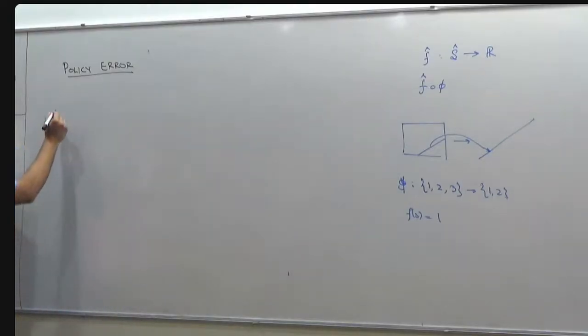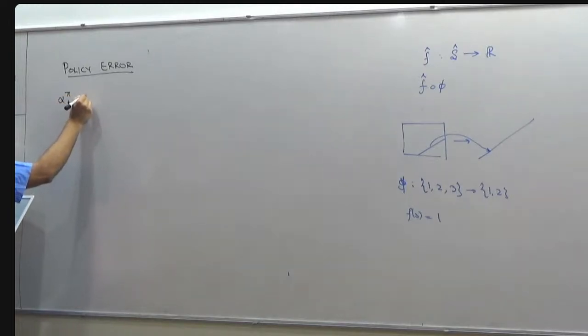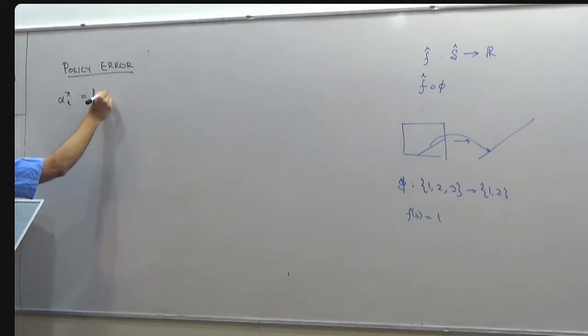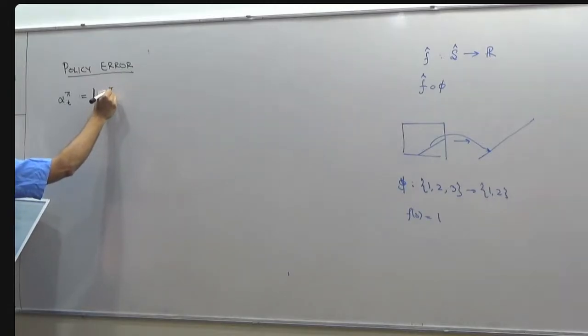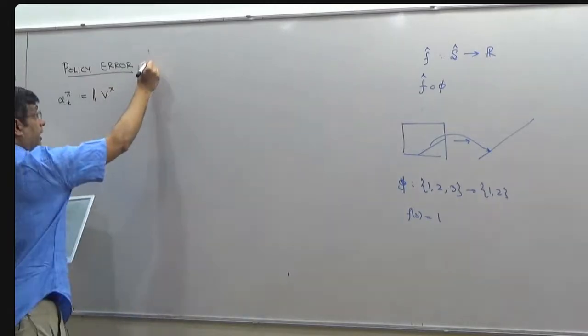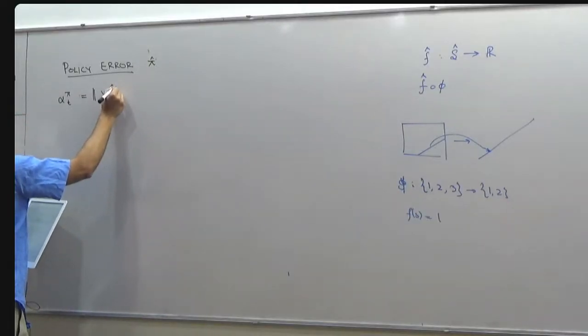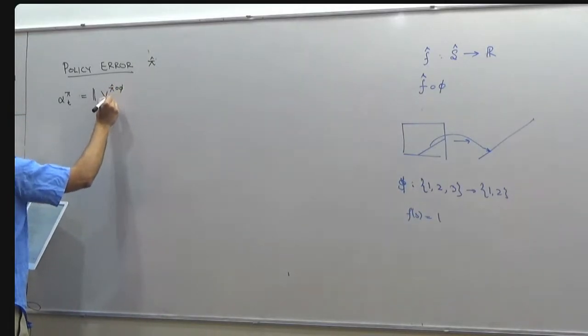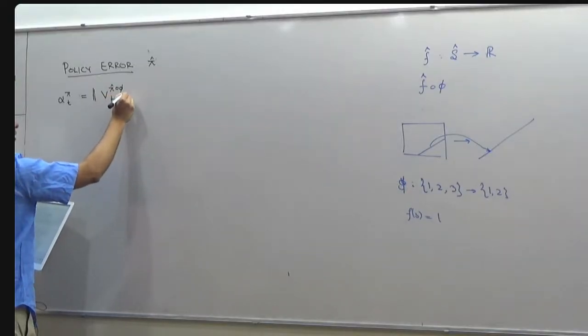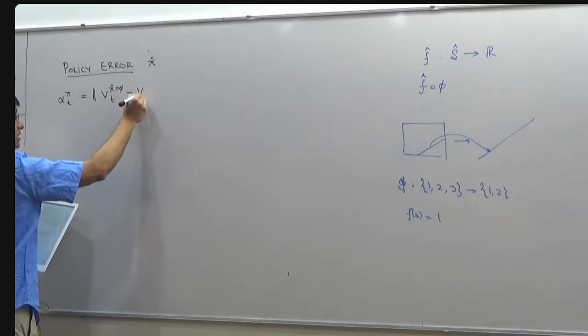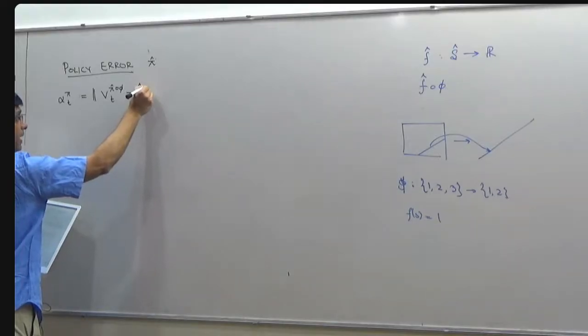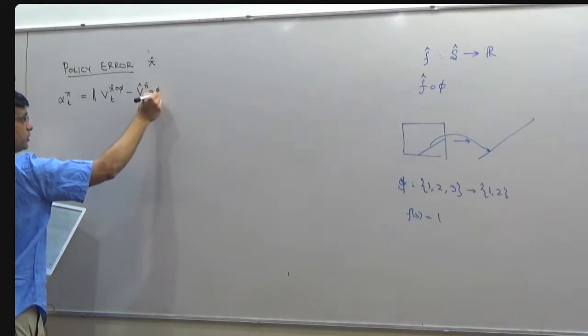I am going to define, as before, alpha pi t. I am looking at the setting where I am given a pi hat, and I am looking at the evaluation of that policy in the true model, V pi hat composed with phi, minus V hat pi hat composed with phi.